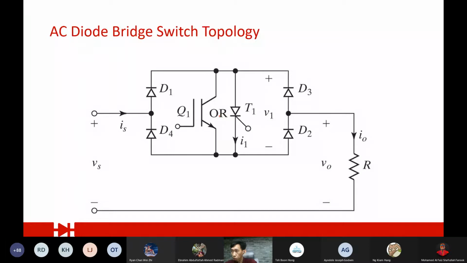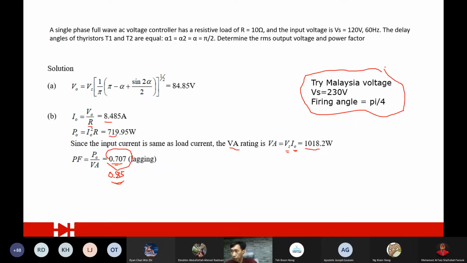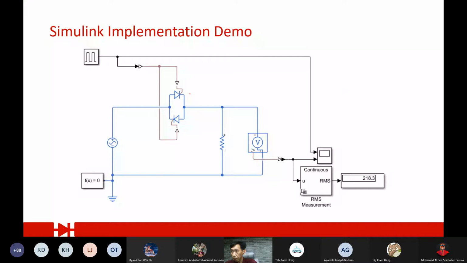Okay, now we move on to the second example. Now we know that we need two thyristors in order to build this AC controller.